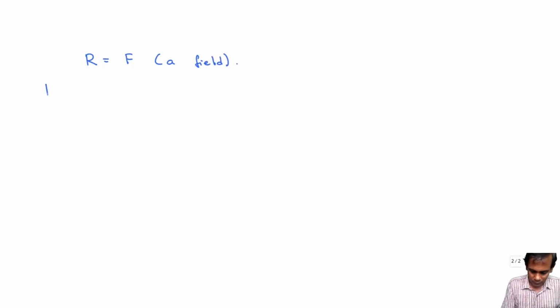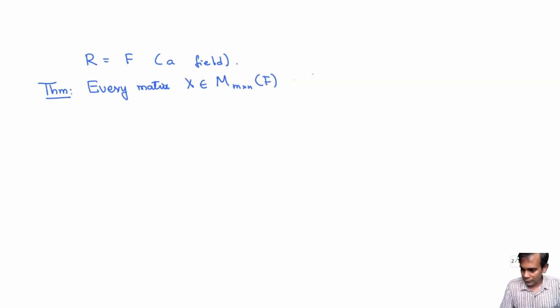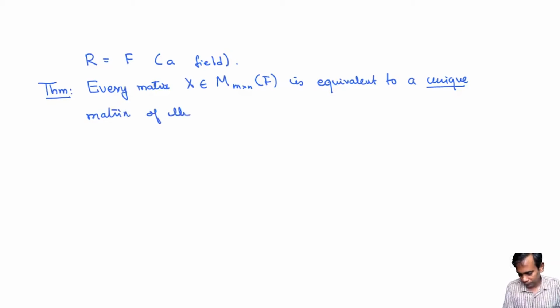Okay, so the theorem is: every matrix X in M_{m×n}(F) is equivalent to a unique matrix of the form... So the form is very simple.